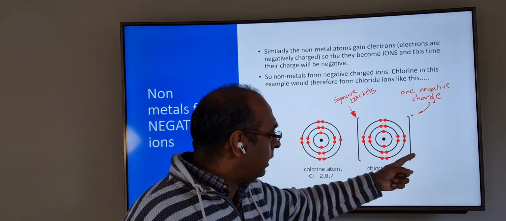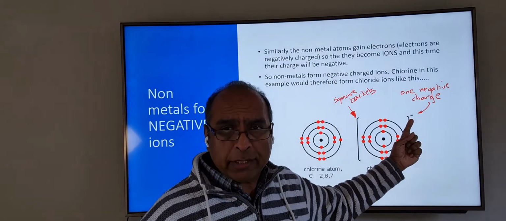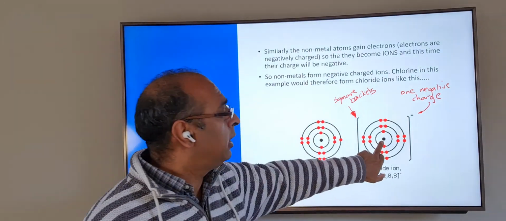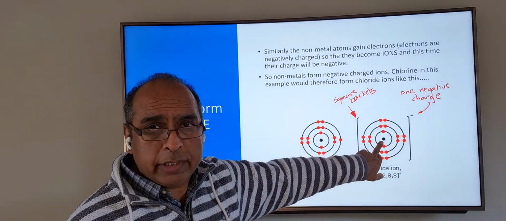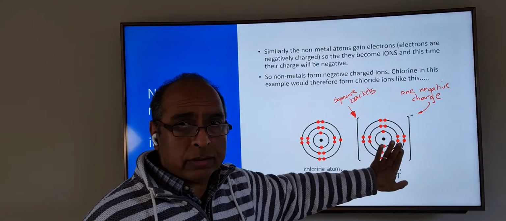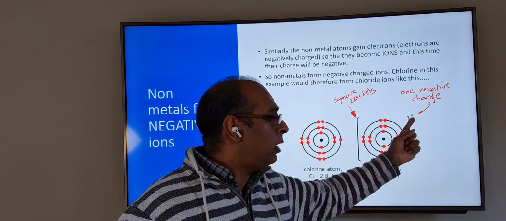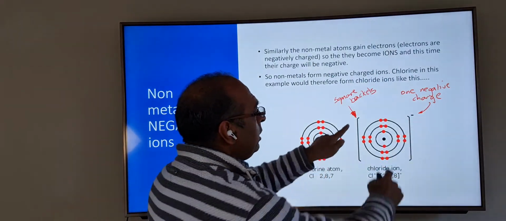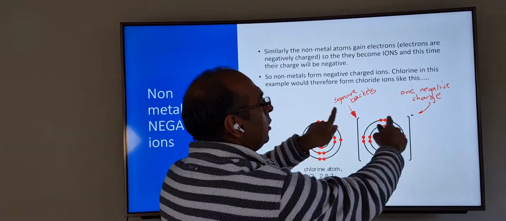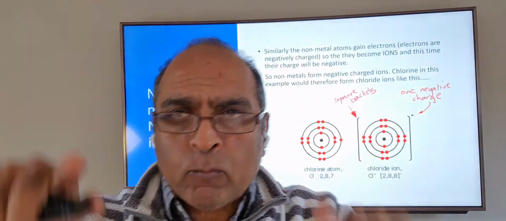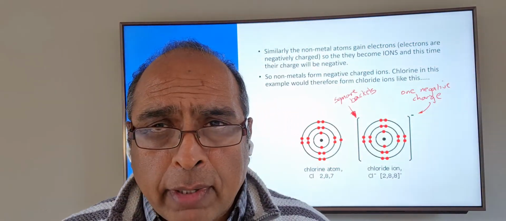Look, square brackets, single negative charge in the top right-hand corner. You can count up protons. There are 17 protons in that nucleus and 18 electrons, so 1 more electron. Electrons are negatively charged, so 1 negative charge. These are supposed to be square brackets. So you show ions by putting square brackets and the charge in the top right-hand corner.